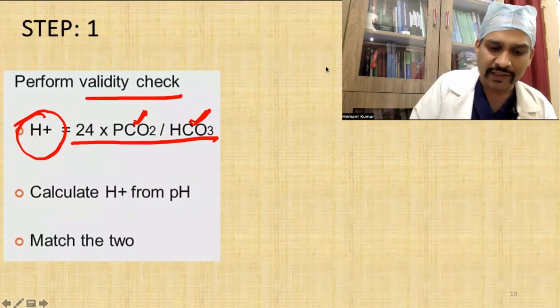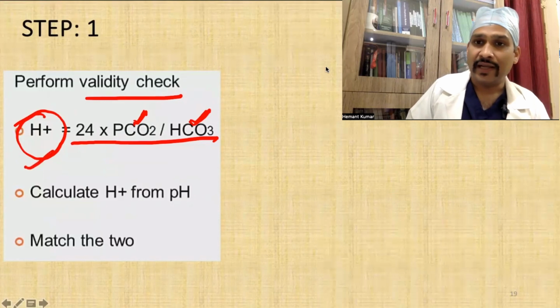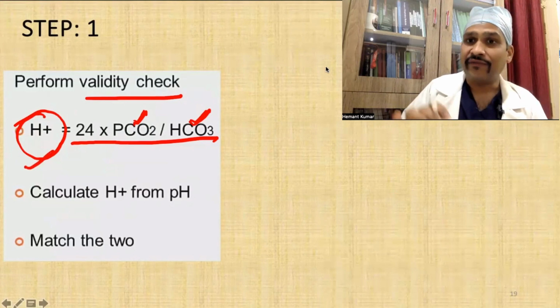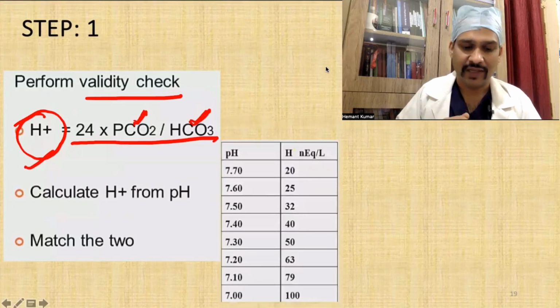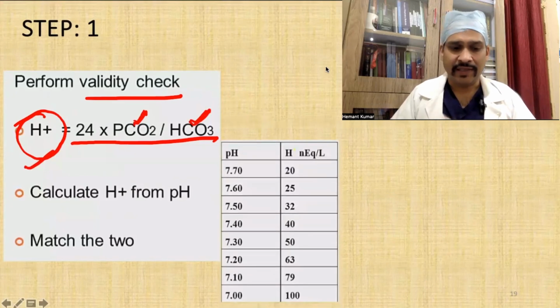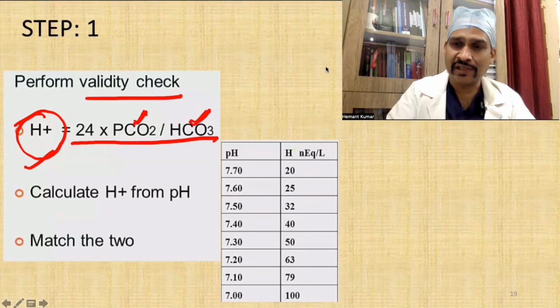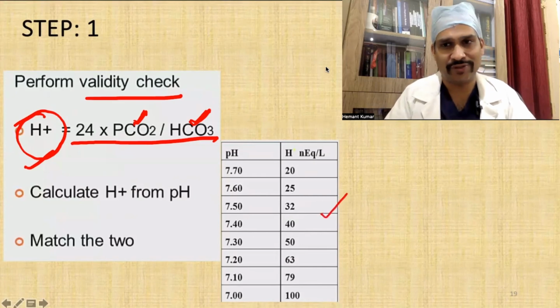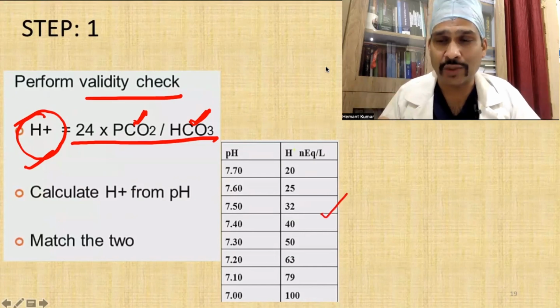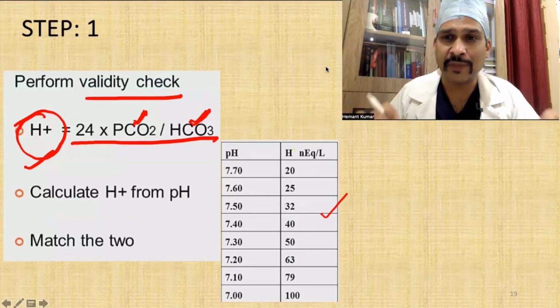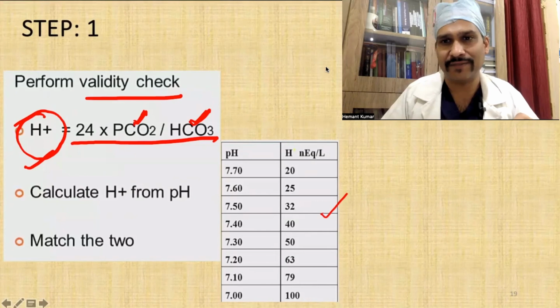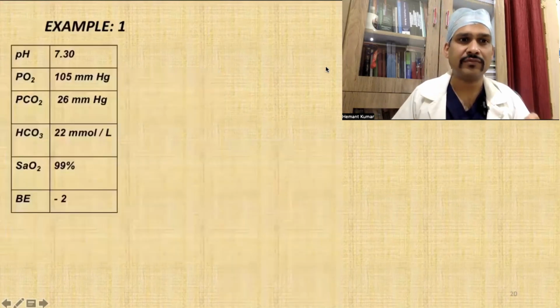We calculate H+ by this formula, then look at the table and match whether the H+ concentration from the formula and from the table is equal. If it is not equal, the ABG is not valid. We should not interpret such an ABG, we have to repeat the ABG.